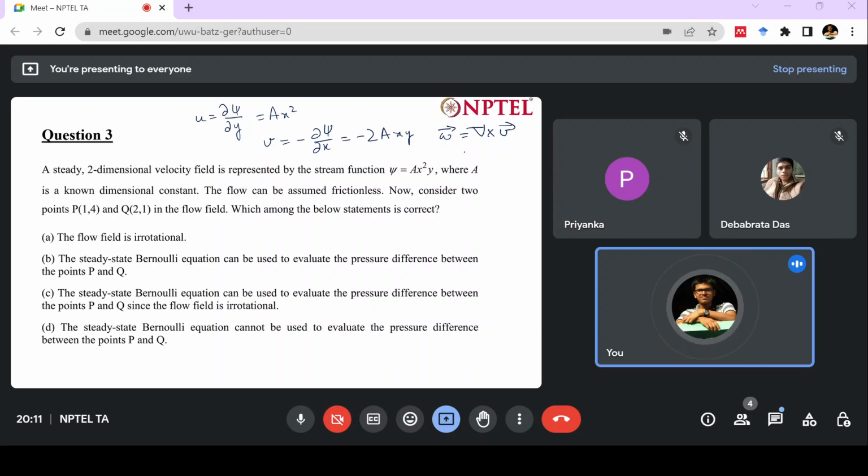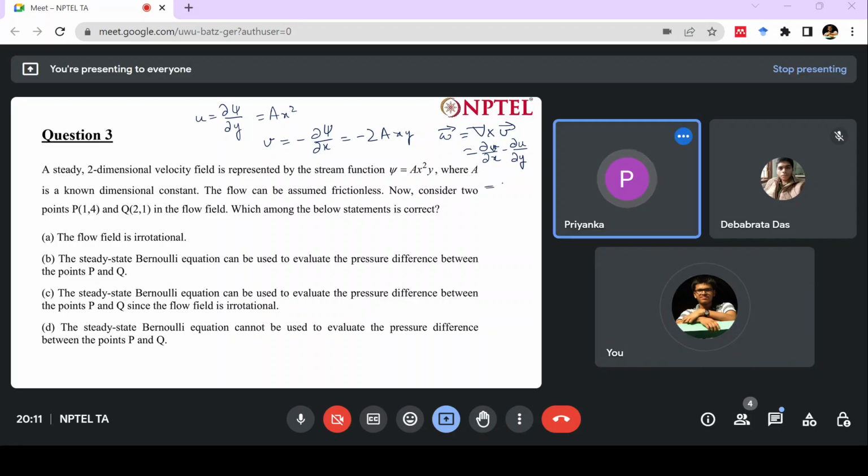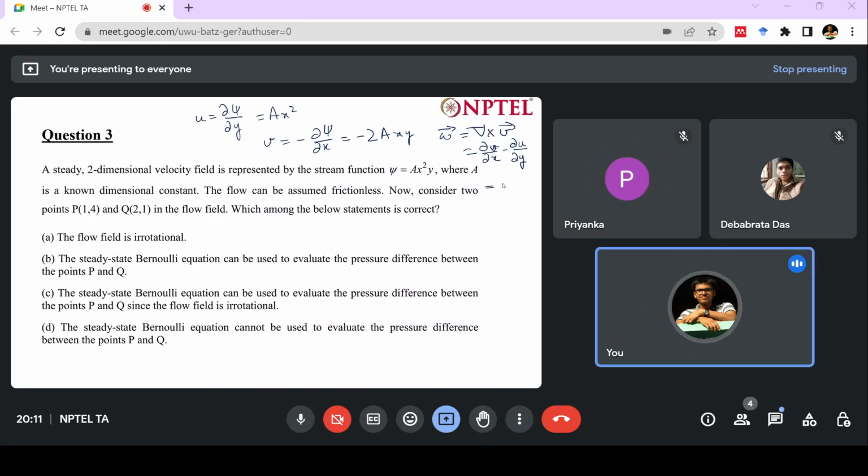Since there are only two components, we can simply do del v del x minus del u del y, right? Yes, sir. Find out how much this is. How much is this?